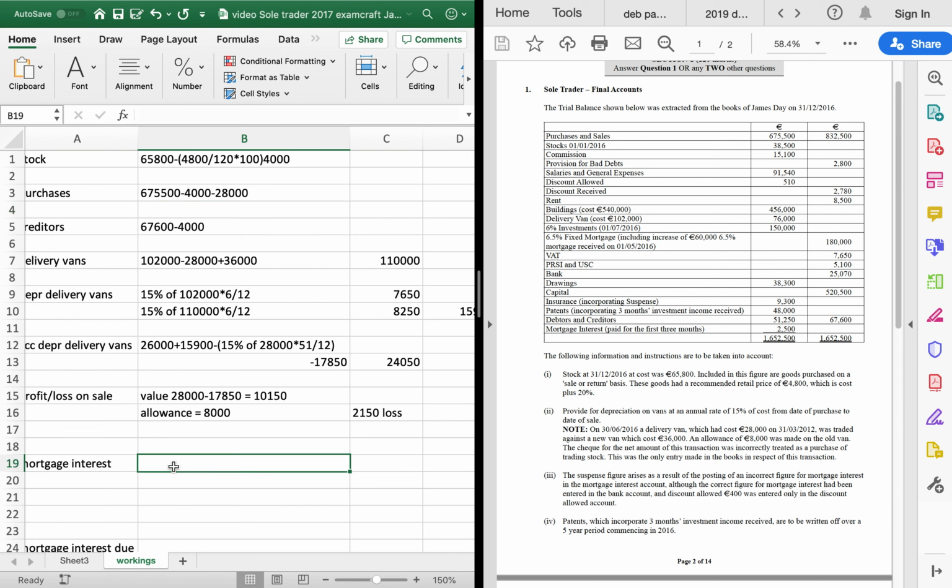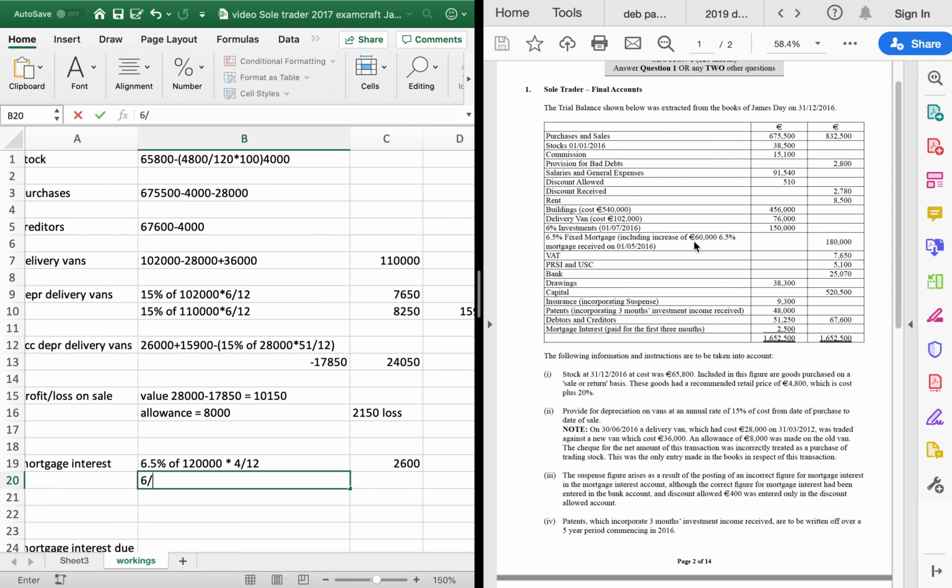So the way I did it was, I'm going to find 6.5% of 120,000, which is 180 minus 60. Right, now that's for 4 months. Okay, so it's 2,600.